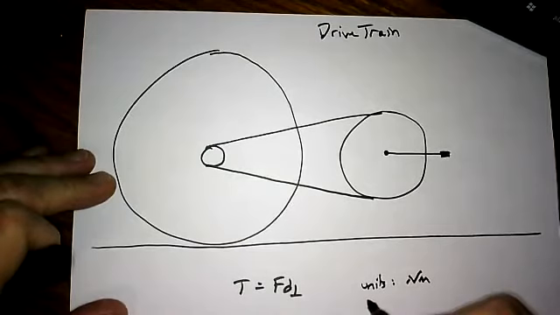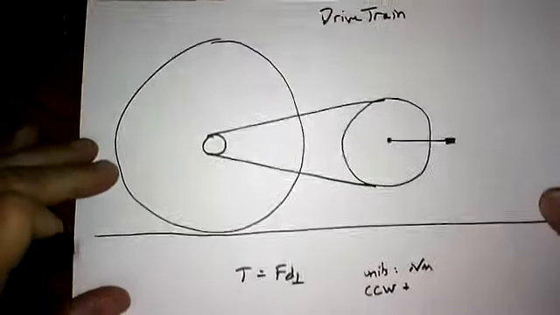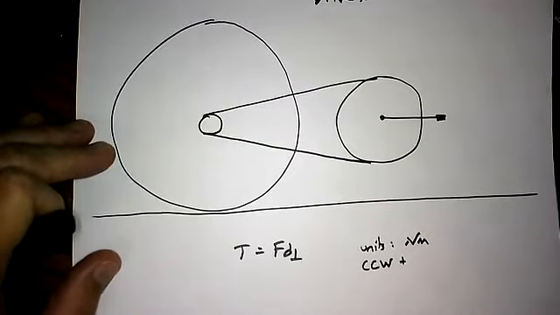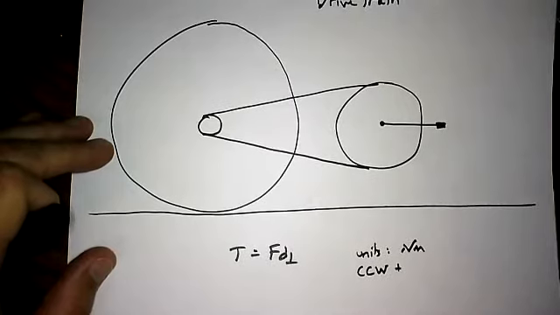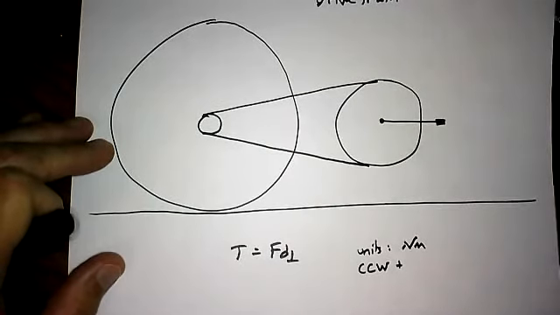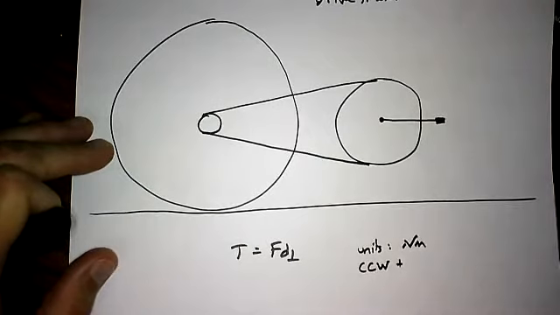And remember, there is a direction associated with the torque, and we're going to use a counterclockwise convention as positive, meaning if the torque tends to rotate the object in the counterclockwise direction, it'll be a positive torque. If it tends to rotate in the clockwise direction, it's a negative torque. Okay, so that's equation number one that we need to remember.